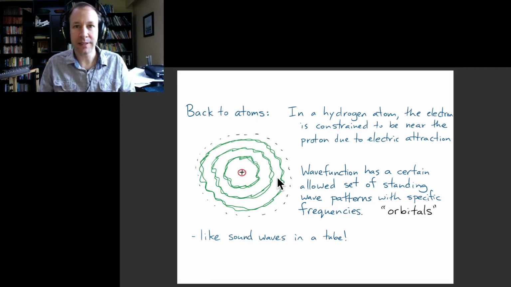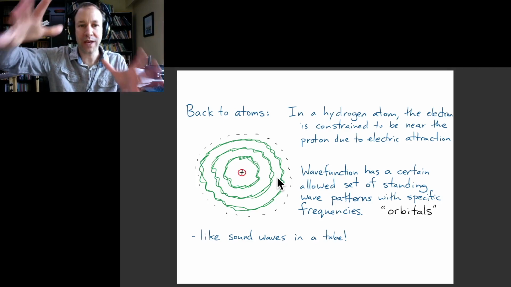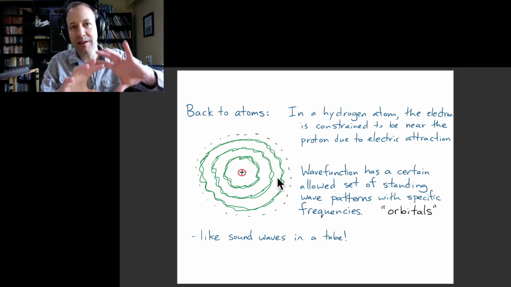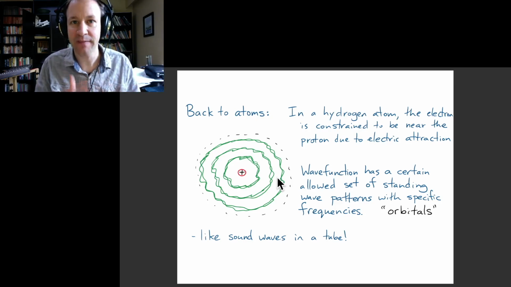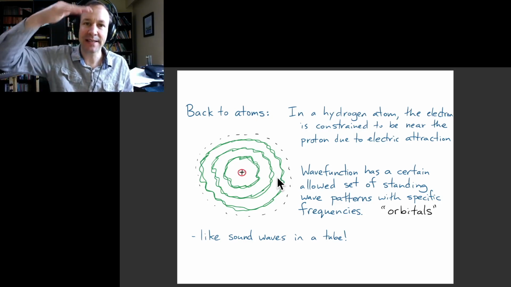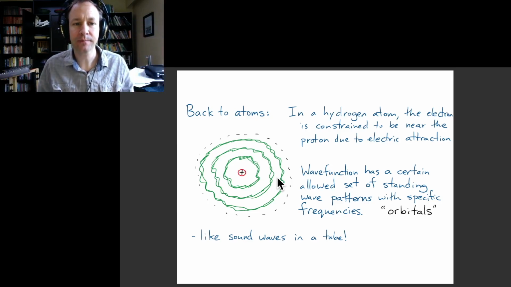And it turns out that just like waves on a guitar string, this wave function that is describing our electron in the atom has certain standing wave patterns. And these standing wave patterns have very particular frequencies.